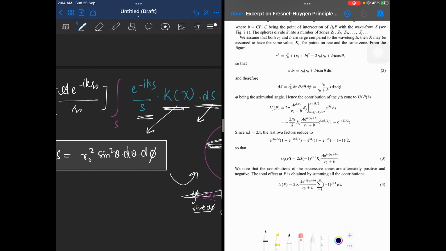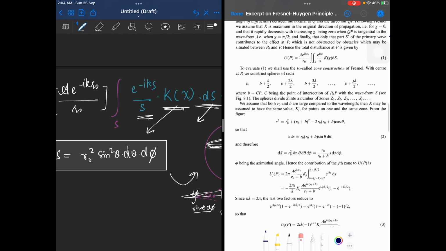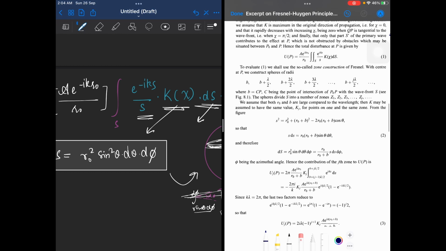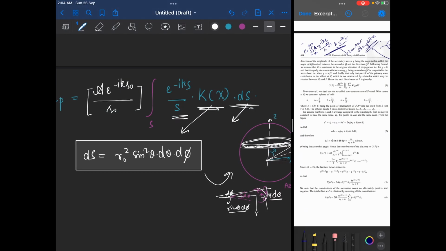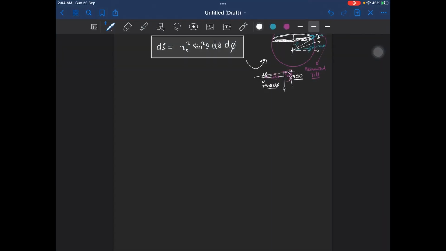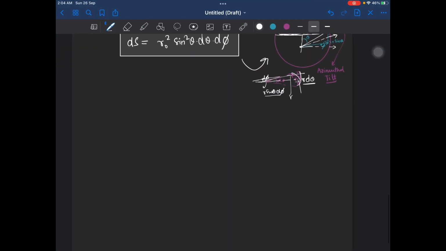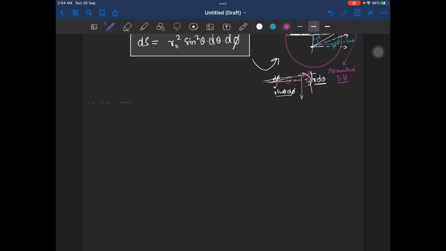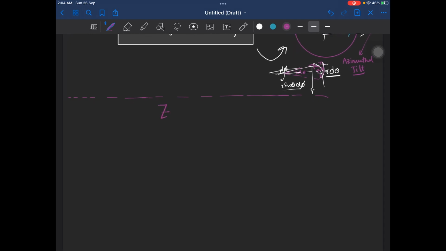Here comes the physical part. The way this whole integral is treated is a weird thing. They call it zone construction. We just construct zones, of course. That is clear by Fresnel.